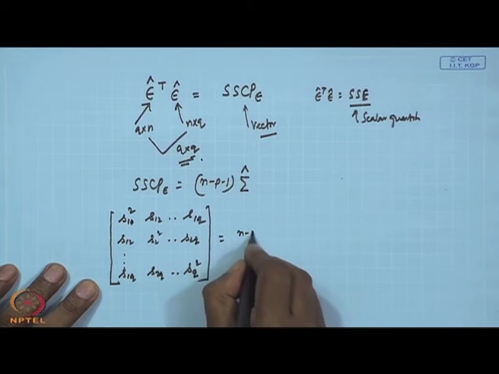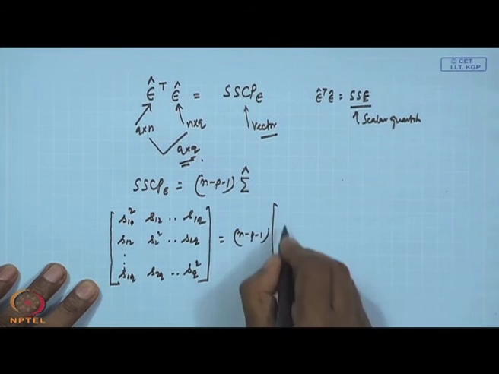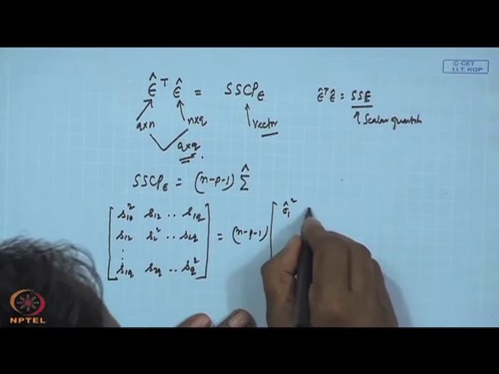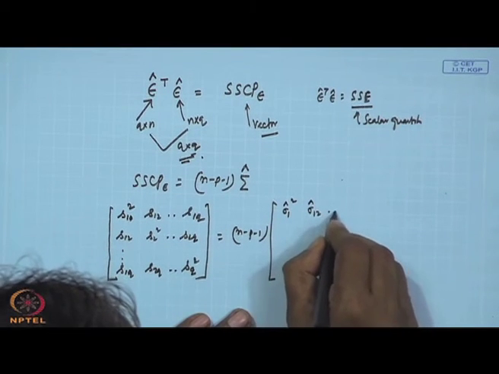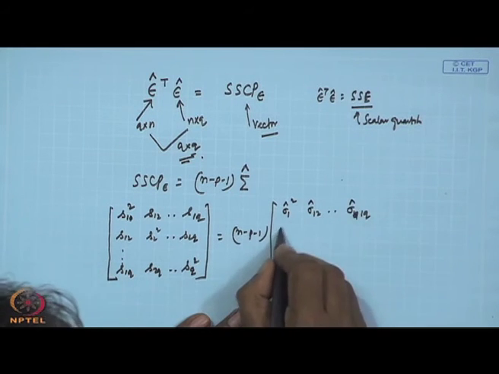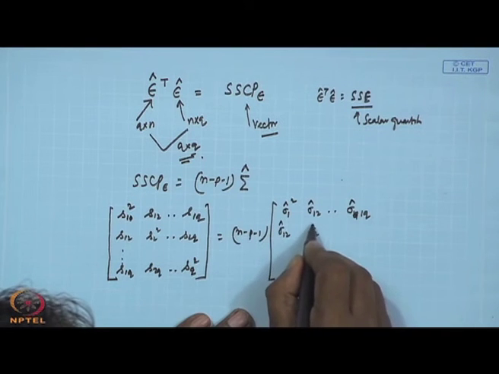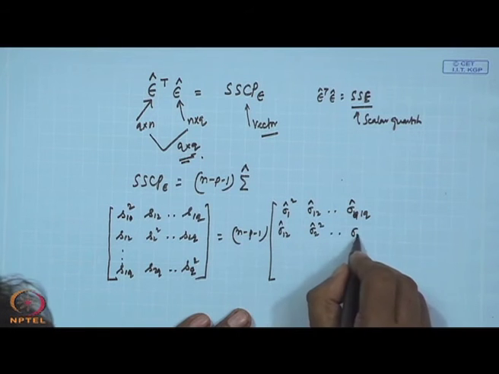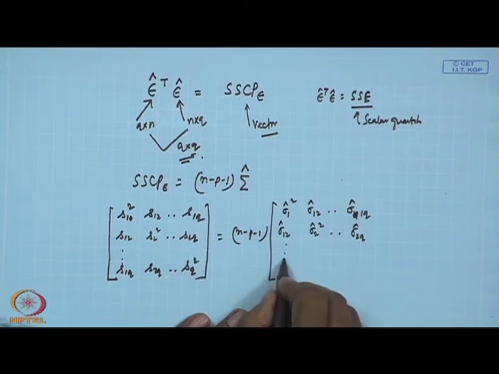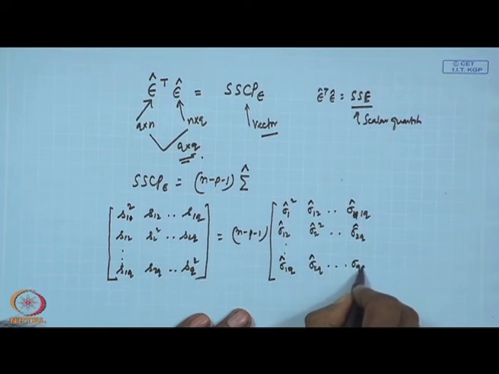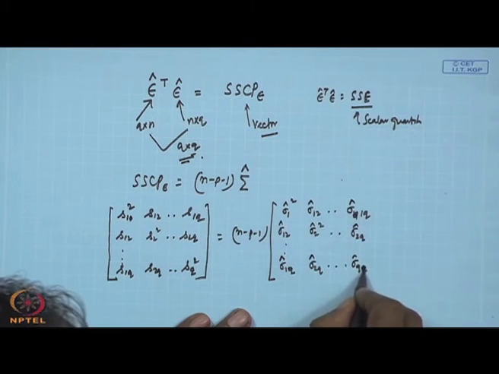So this is n minus p minus 1 into sigma 1 square cap, then sigma 12 cap, like this sigma 1q cap, sigma 12 cap, sigma 2 square cap, sigma 2q cap. So like this sigma 1q cap, sigma 2q cap, sigma qq cap, meaning sigma q square cap.